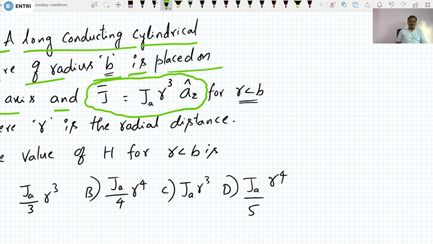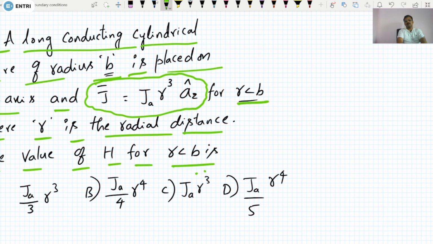The units of this one is ampere per meter square. The z bar, that is za into r cube az cap, for r less than b, where r is the radial distance. Then they are asking the value of h for r less than b. So that means inside the cylindrical wire, we have to determine the H field.